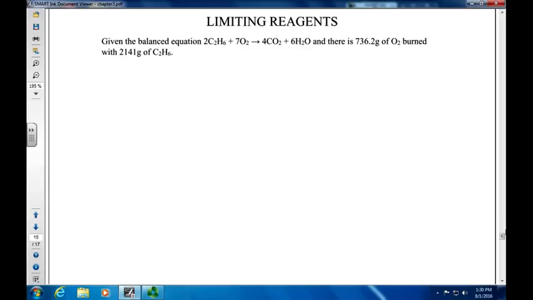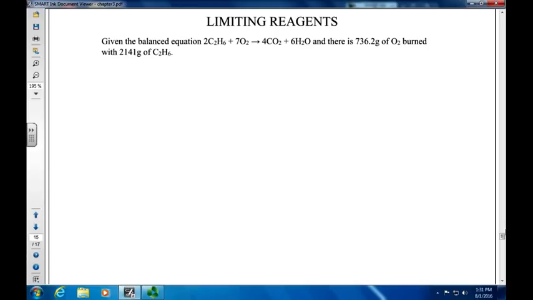And that is what the limiting reagent is. It means if you had an excess of one, the other would be the limiting reagent. Whichever reactant runs out first is the determining factor of when the reaction ends. So we're going to determine between the two reactants which one is the limiting reagent.